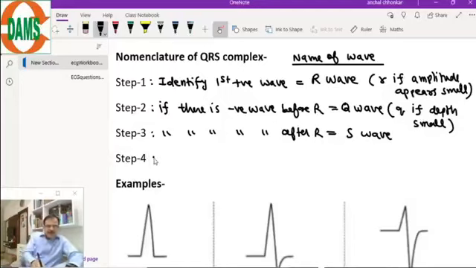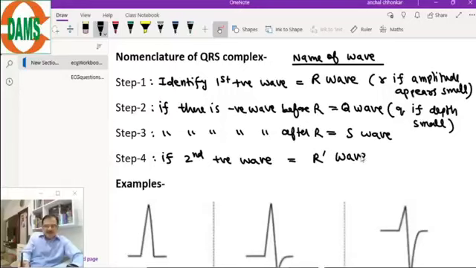Step number 4 is if there is a second positive wave, call this R dash wave. The second positive will be known as the R dash wave. So these are the nomenclature principles, the steps of nomenclature.